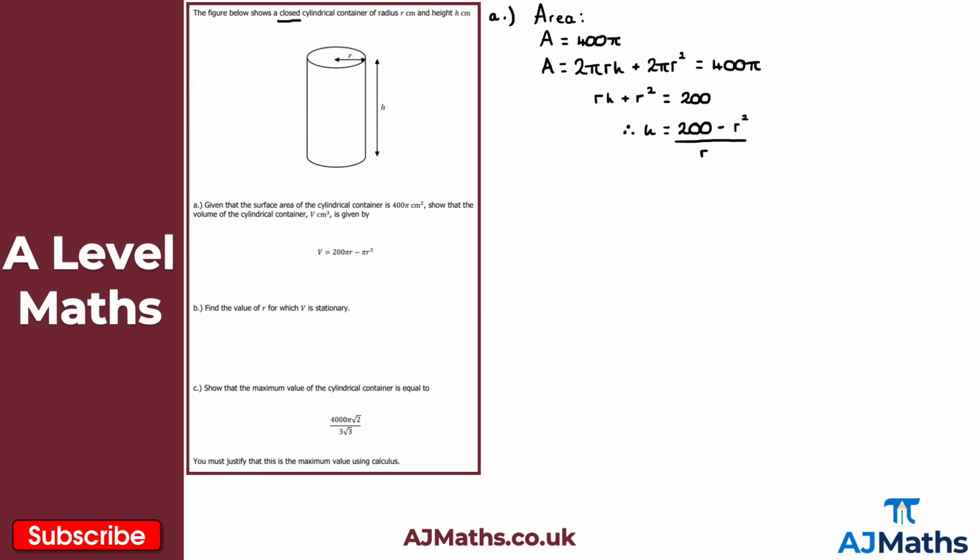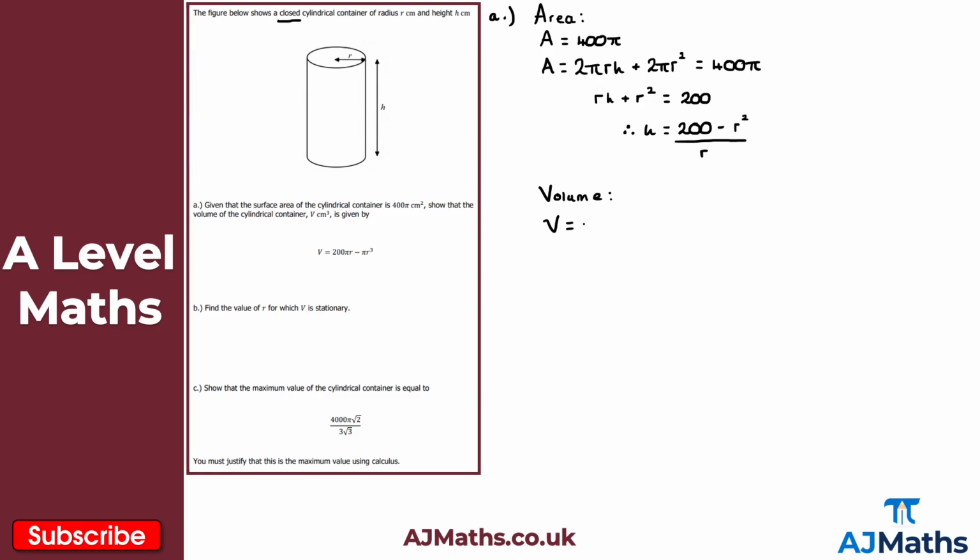So that's the surface area considered. Now let's consider the volume of the cylinder here. So for the volume then, V here, well, that's equal to pi r squared times by the length of the shape here, this prism, which would be h. So area of the cross section times by the length here, which is h.